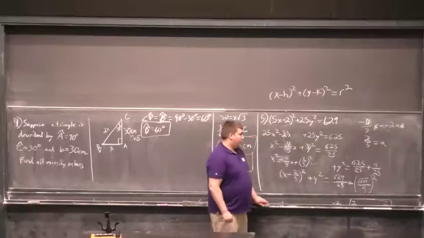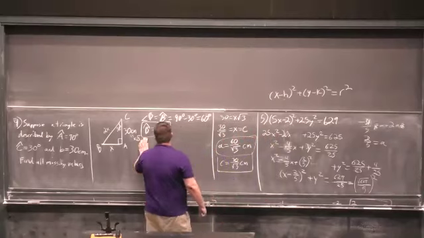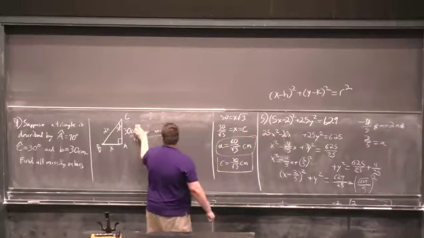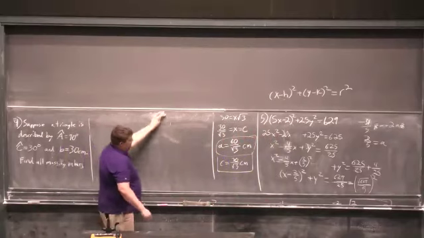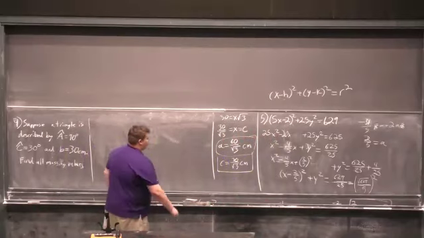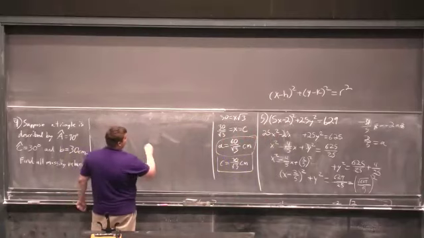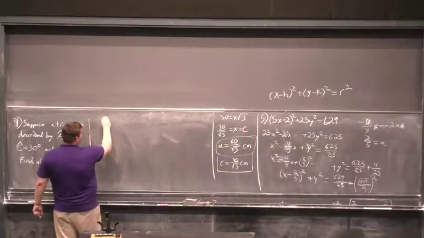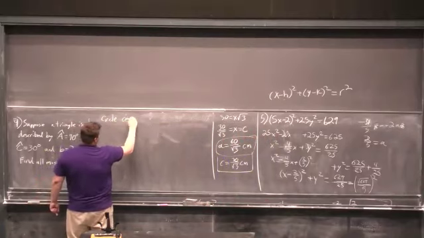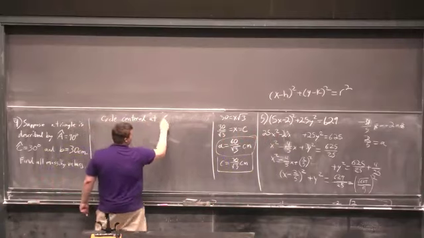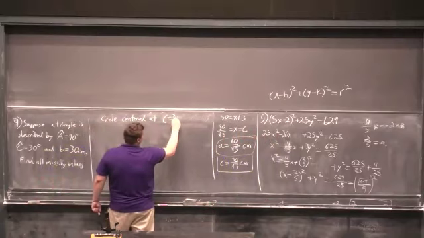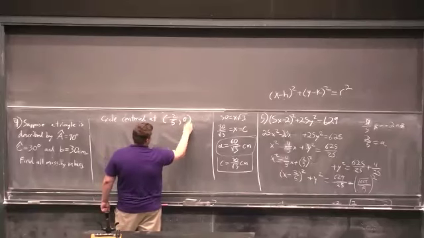So now what I can do is I can describe my equation and say it's a circle centered at positive 2/5, 0.